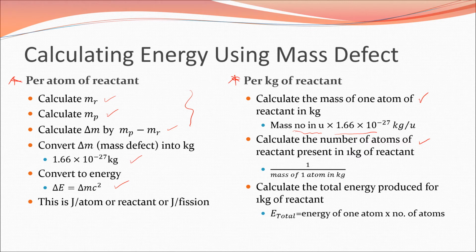So if we have the mass in atomic mass units, we convert that to kilograms, that is kilograms per atomic mass unit. If we just go 1 over that number, that will give us the number of atoms of reactant present. And then we calculate the total energy for 1 kilogram: energy of one atom times the number of atoms. Let's have a look at some examples of that to clear them up.